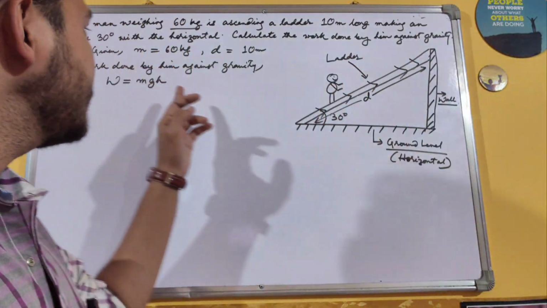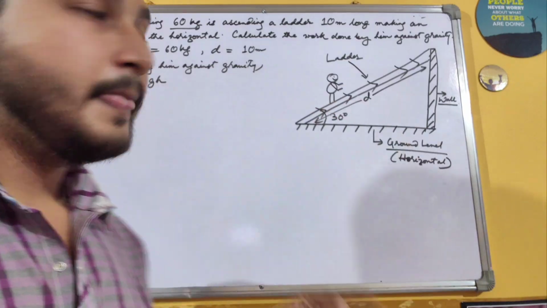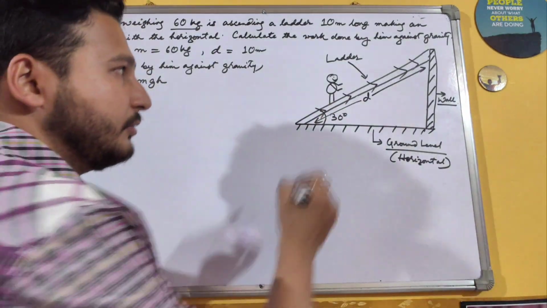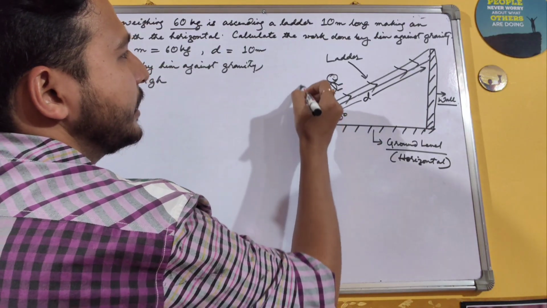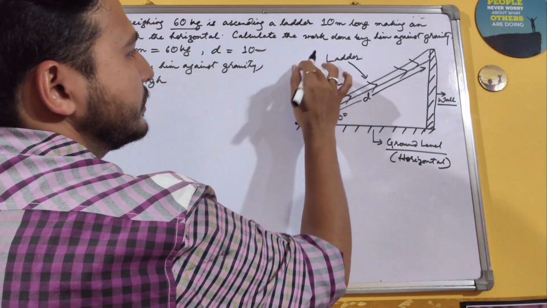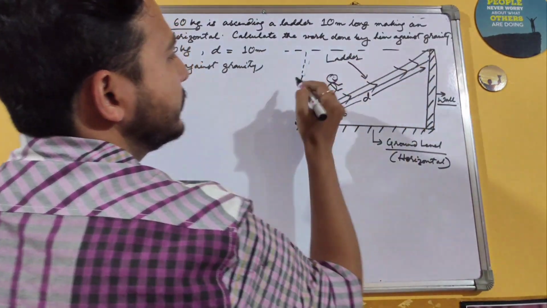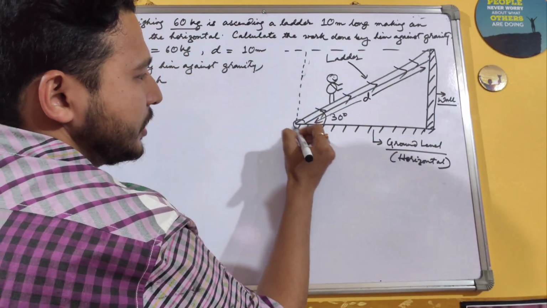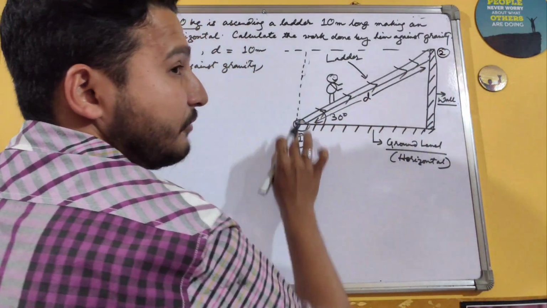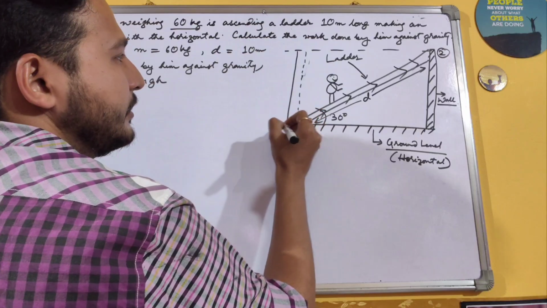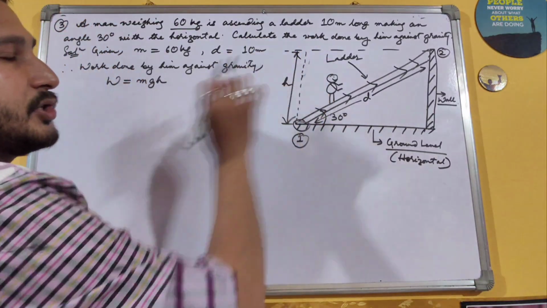Don't get confused with h and d, because d is the length of the ladder and h is the vertical height through which the man ascends from the initial position 1 to the final position 2. We need the vertical height h anyhow.